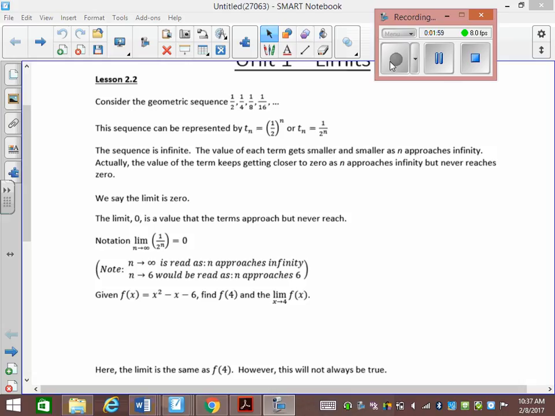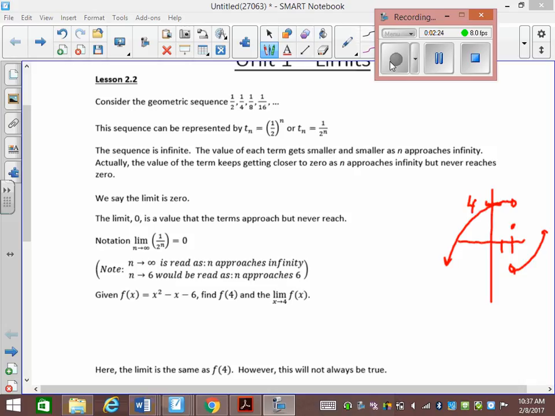So how is that any different, someone might say? Well, if I give you piecewise functions, for example, and this was 2 here, I could actually have a value of 2 here, correct? But I could have from the left of 2 and the right of 2 a graph doing this. So as I approach 2 from the left, it would actually be approaching, say, 4, the limit.